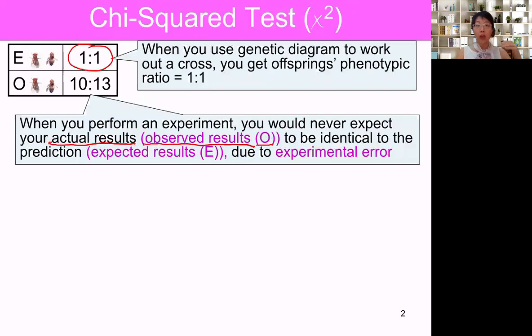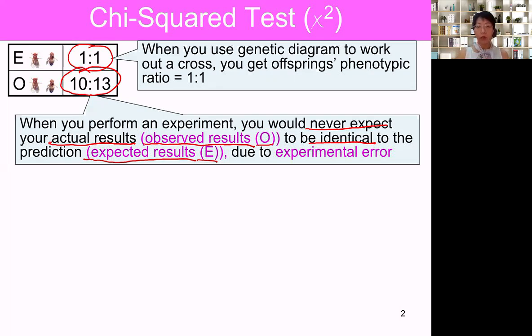Prediction is what you have calculated using genetic diagram, and that is called the expected results, or E. You expect it to be close, but you will never expect it to be exactly identical. So your observed results, you expect to be close to your expected result 1-to-1, but it will never be identical.